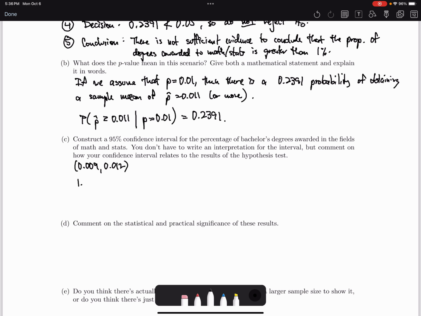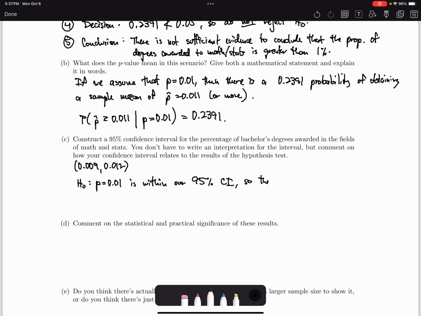So not 1.1%, just exactly 1% was the null hypothesis. Maybe I'll say that, right? H null was that p equals 0.01, right? This is within our 95% confidence interval.